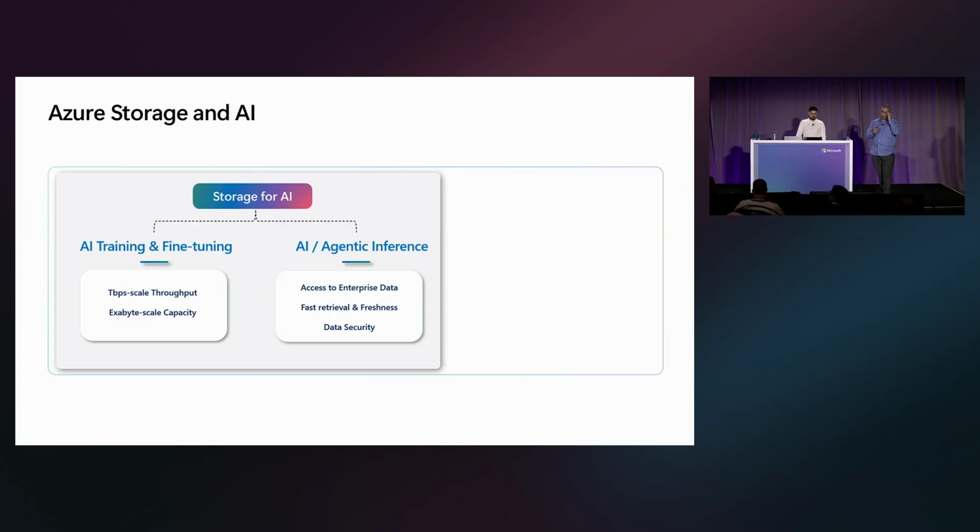So we're going to split this talk into a 2/3, 1/3 piece. We'll start by talking about storage for AI workloads. We'll split that and talk about storage as it relates to training and especially fine-tuning as you take foundation models and enrich them with your domain-specific data. We'll also talk about inference, which is of course the bigger workload over time for all of us as enterprise developers, as well as talking a little bit about how agents and the agentic loop are changing that, and how we're thinking and learning along with you and building services and capabilities that go with that.